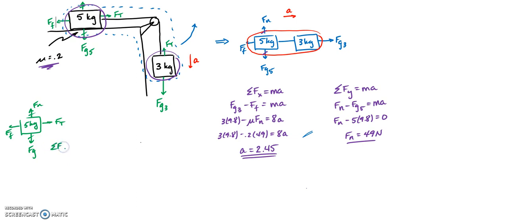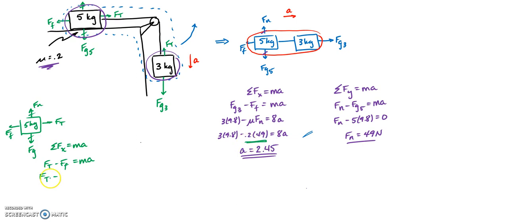Sum the forces in the x equals ma. I've got then force of tension minus the force of friction equals ma. And so now I can do some substitution. So force tension, I have no idea. That's what I'm solving for. The force of friction, I do know it. I can use it from over here.